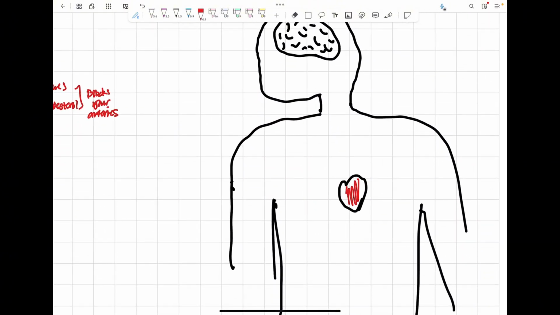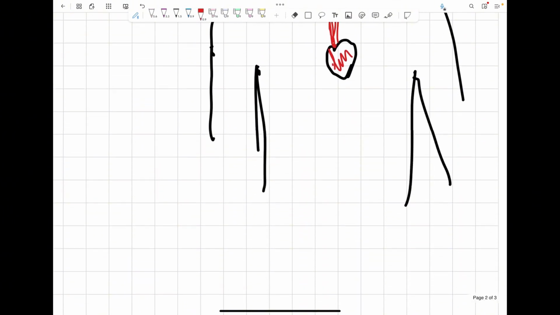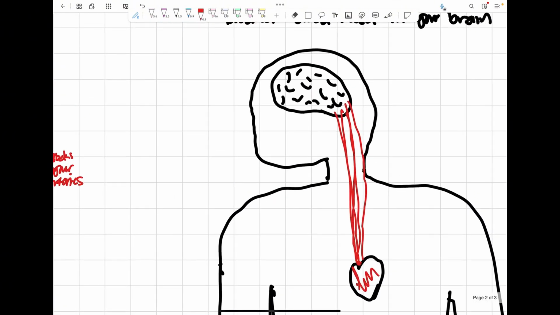So the arteries, the blood vessels going to the brain, there is a blockage.